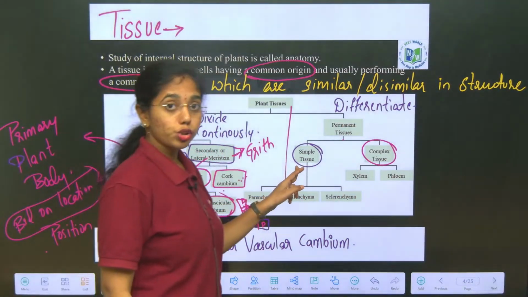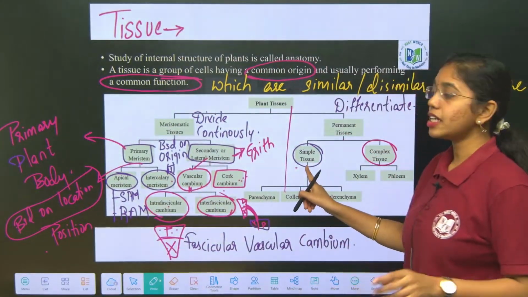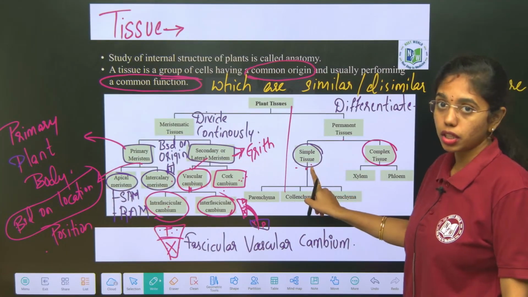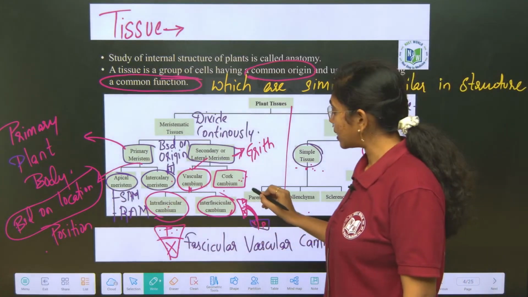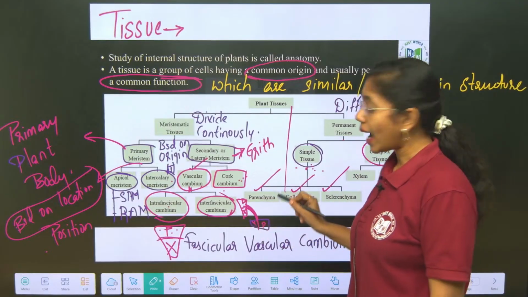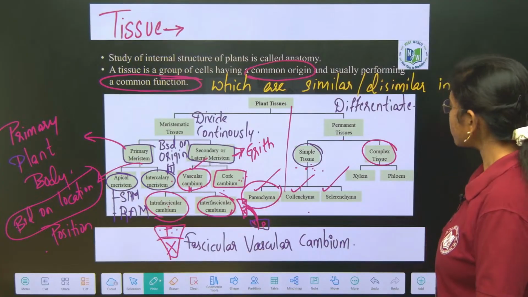Simple permanent tissues consist of those cells which are homogeneous. All the cells present in the tissue are alike or same. Those are simple permanent tissues. Example: parenchyma, collenchyma and sclerenchyma, of which plant body is abundantly composed of parenchymatous tissue.